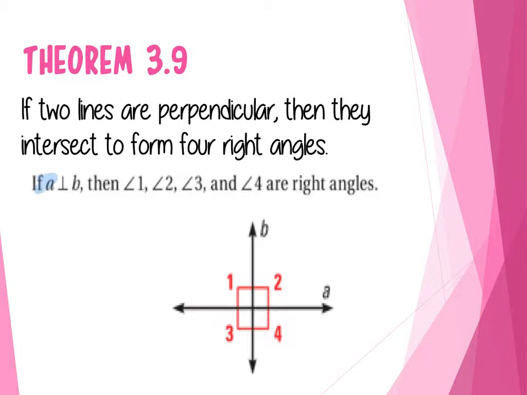If, God bless you, A is perpendicular to B, then you can say any of those 4 angles are right angles. So I could say angle 1, angle 2, angle 3, angle 4, or a combination of them, doesn't matter which ones you're using, are right angles, and this is your reason. If two lines are perpendicular, they intersect to form 4 right angles.